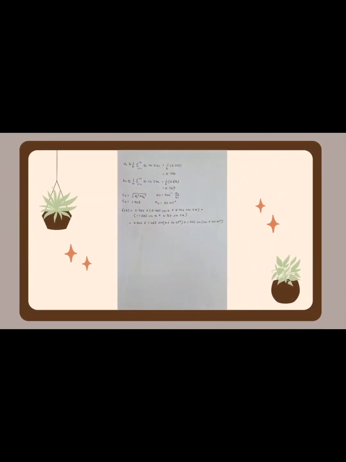For the second harmonic, the general idea is the same as the first harmonic. However, the values are different as we use the summation of y cos 2xr, and for B2 we use 1 over 6 summation from 1 to 12 of y sin 2xr.